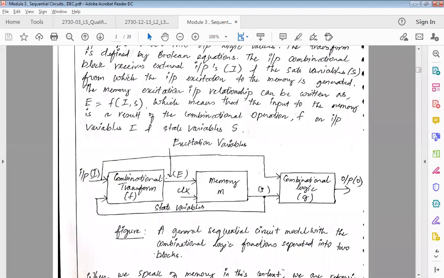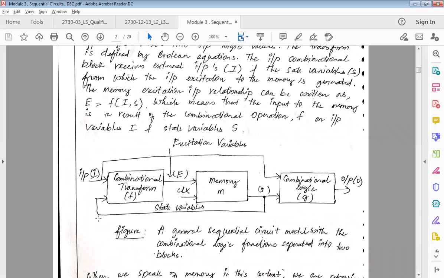Whatever output we get from combinational logic is called excitation variables. What comes out of the memory element is nothing but your state variable. So state relates to memory, and excitation relates to your combinational circuit's output values.